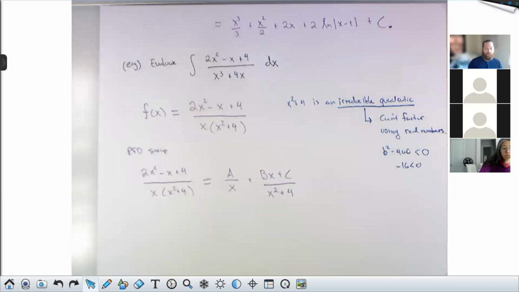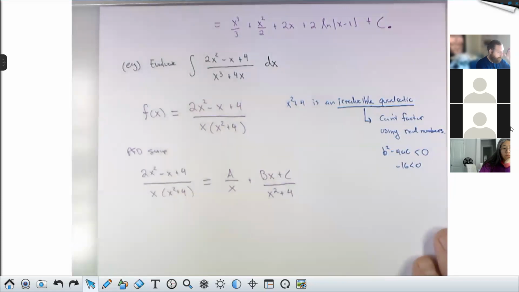And negative 16 is less than 0. So yep, even if you didn't know through other means that that is irreducible, you can figure it out by checking the discriminant. And if you're ever wondering, is the quadratic I'm working with irreducible? Can it not be factored over the real numbers? You need to check to see if the discriminant is negative. If the discriminant is negative, then yep, that's irreducible.